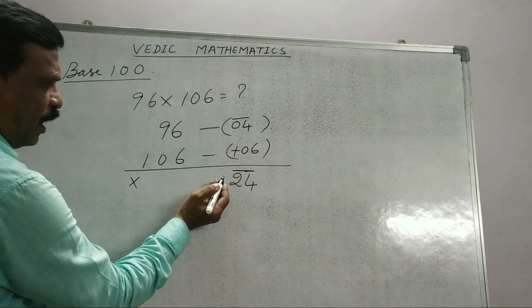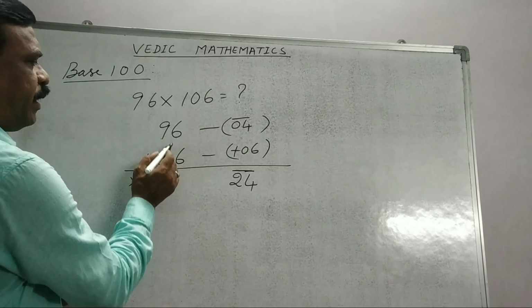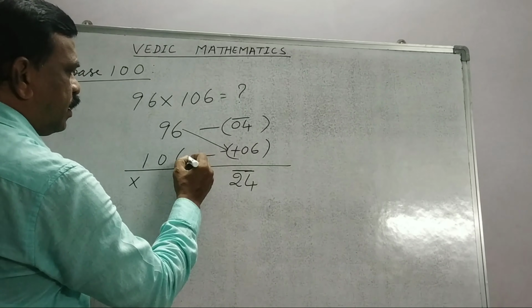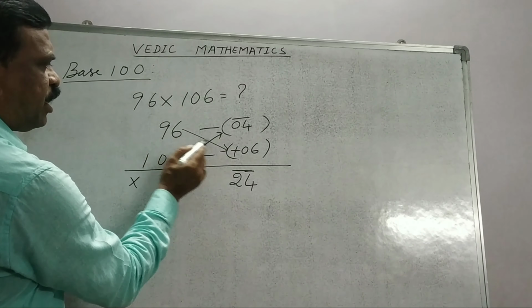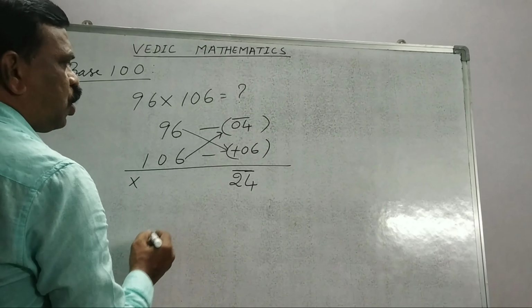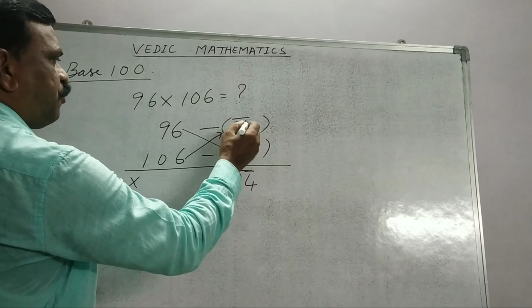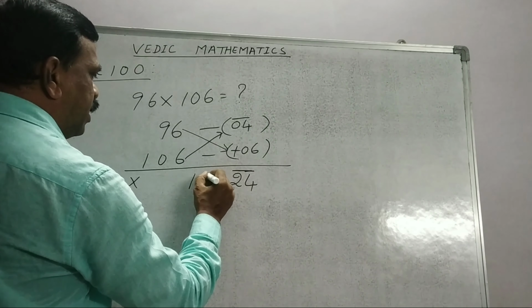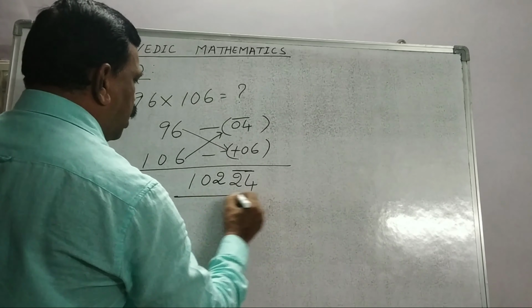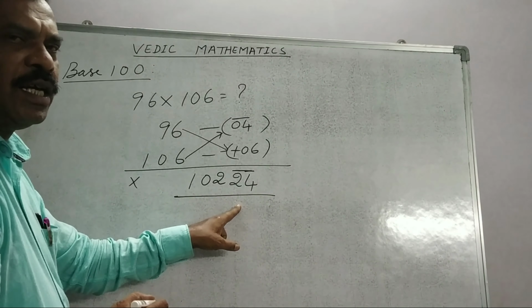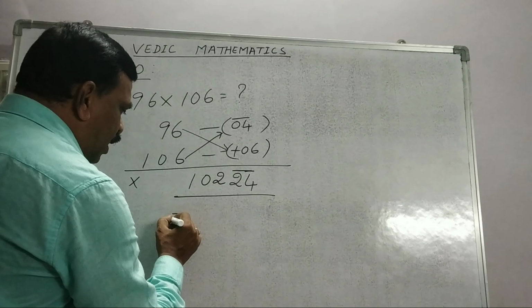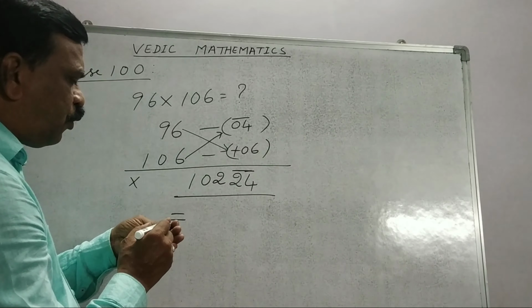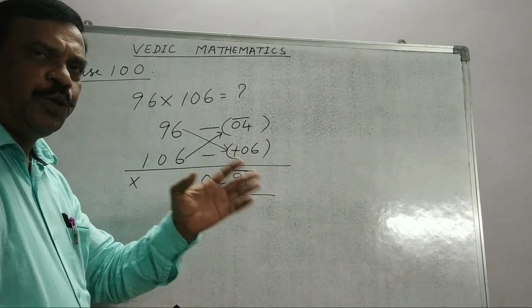Now, to get the left side part of the answer, we know that diagonally we go like this. 96 plus 6, 102. 106 minus 4, 102. In both the cases, we are getting the same answer, 102. But this is not our final answer. Now, to get our final answer, what we have to do? We have to use the sutra Ekanyunyena Purvena.